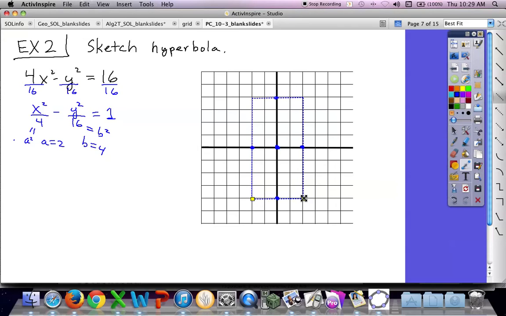And then once you've got that box, you're going to draw the diagonals of the box. Okay, those diagonals are asymptotes.